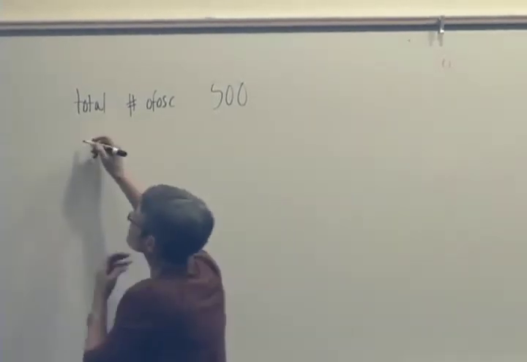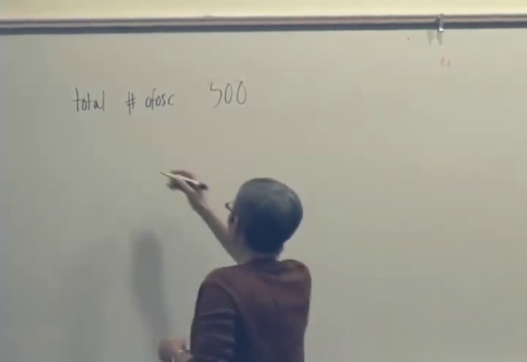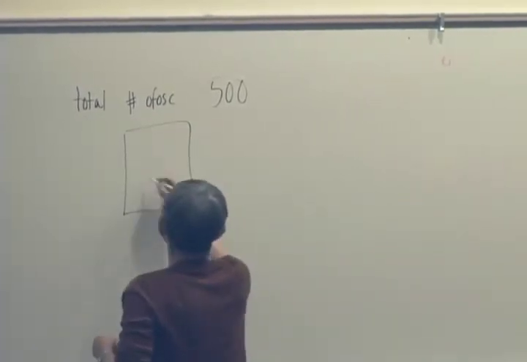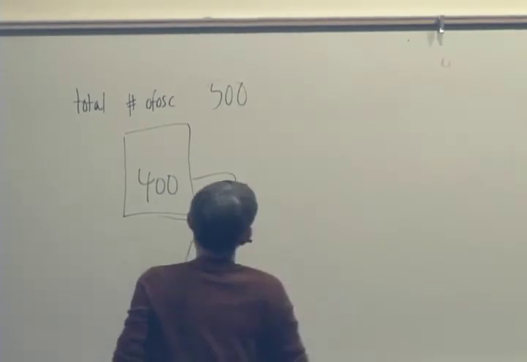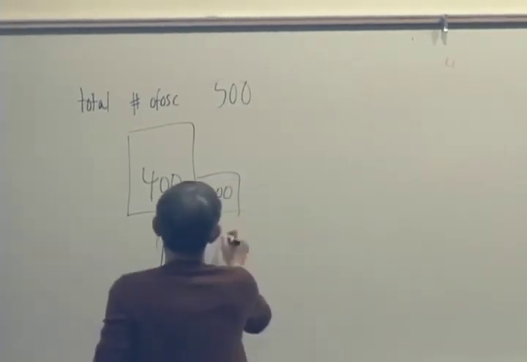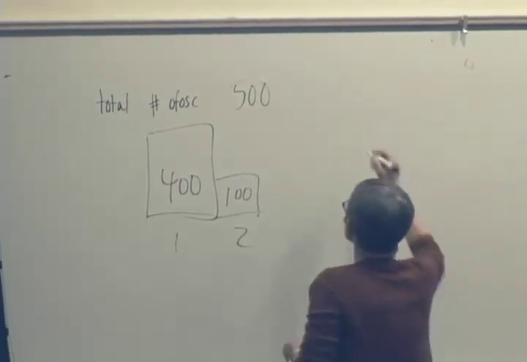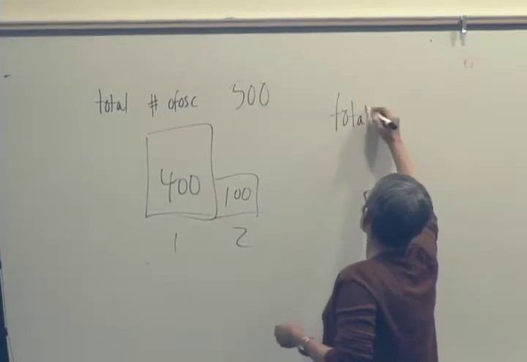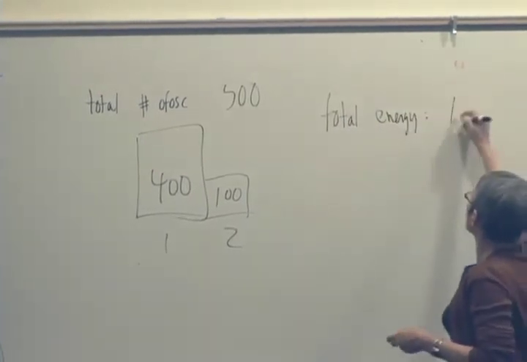One object has 400 oscillators, and the other one only has 100. So this is object 1, that's object 2. And the total amount of energy is 100 quanta.